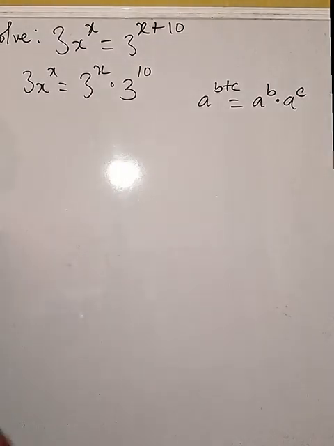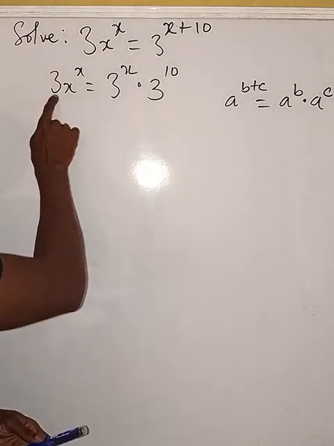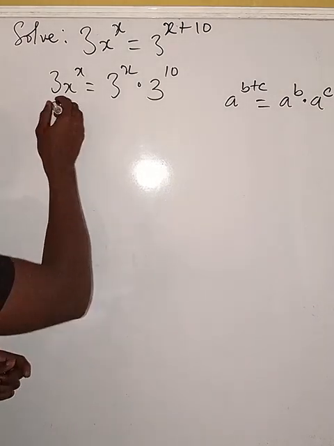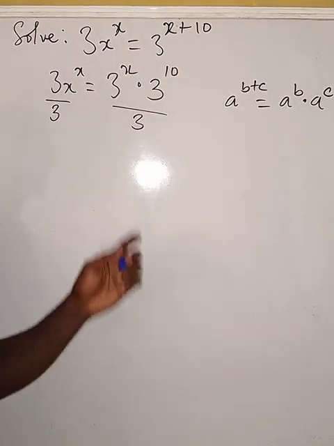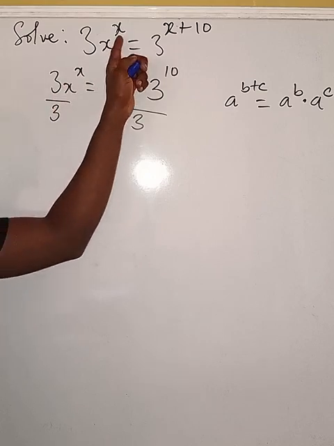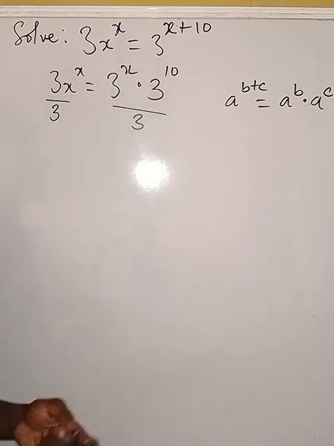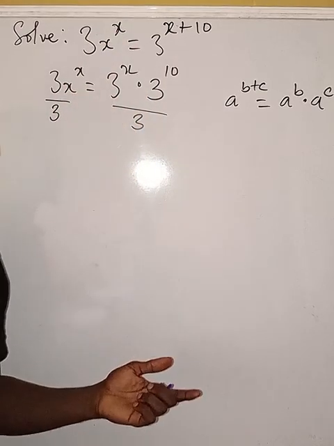So now what's the next thing I'm going to do? Look at this 3 here. I can divide both sides by this 3, because I've already said before that this 3 doesn't have a problem with the power x. So this 3 can go.